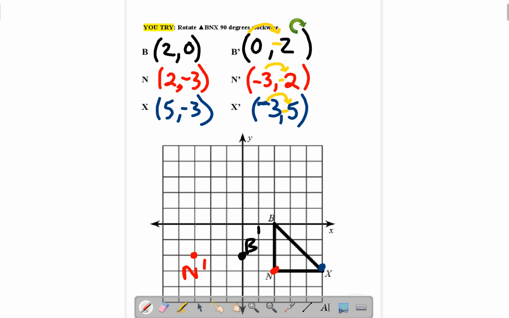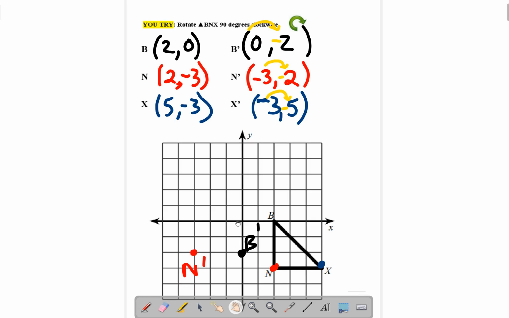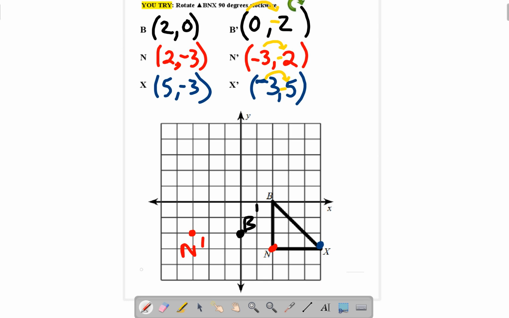And then X is -3 and +5. Excuse me, -3, -5. Which is right there. X prime, close it up.